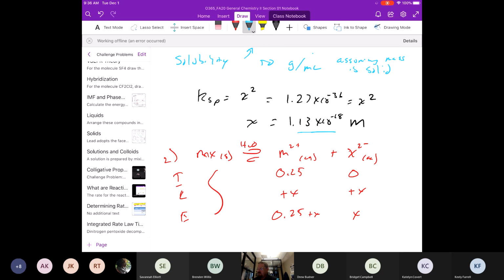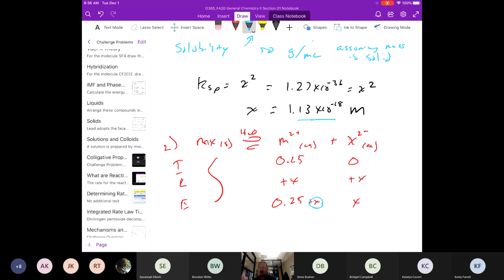So that's what X was, this constant. We can assume that value is going to be in that same neighborhood. It's probably actually going to be less because it's going to reduce the amount that wants to dissolve. So the maximum that we could have would be this number.